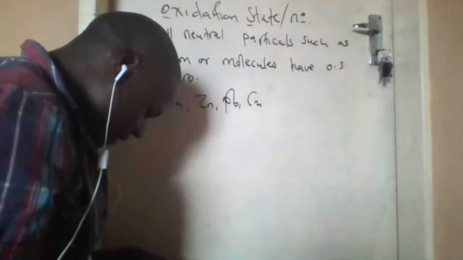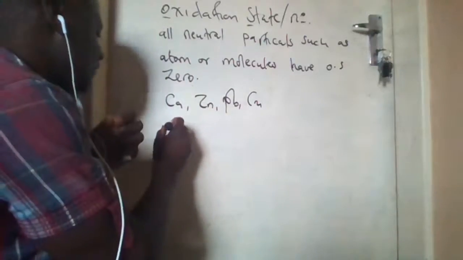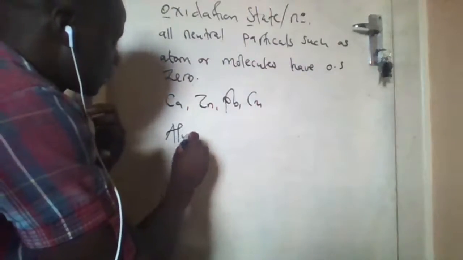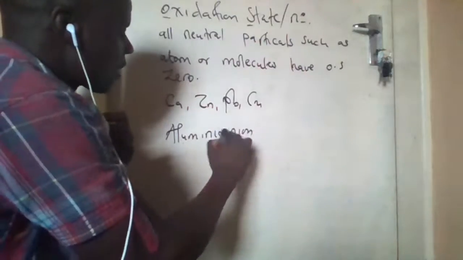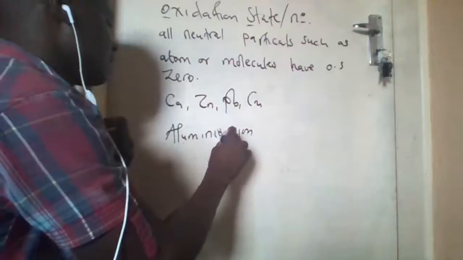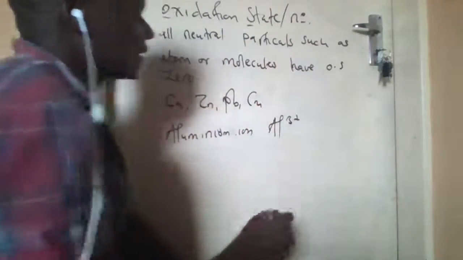But what about certain chemical species, such as the aluminium ion, which is Al3 plus?